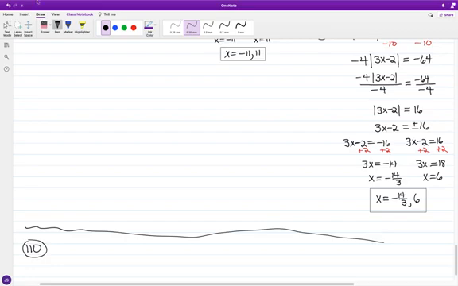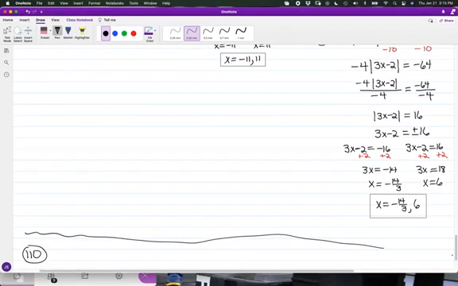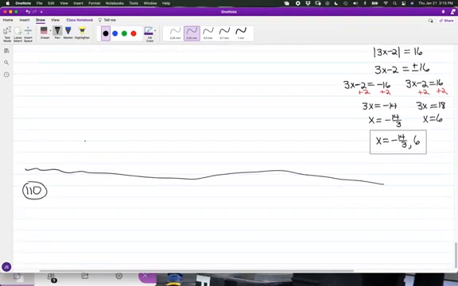Okay, so in this problem, we're looking at solving for the variable d. And this time we have the square root of d plus 4, minus the square root of 6 plus 2d, is equal to negative 1.